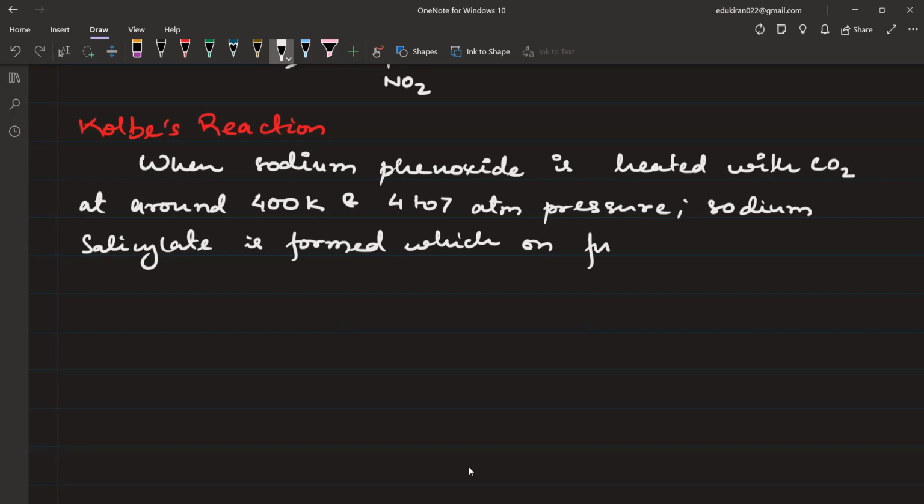Which on further acidification gives salicylic acid.